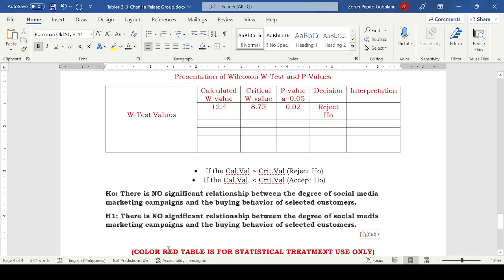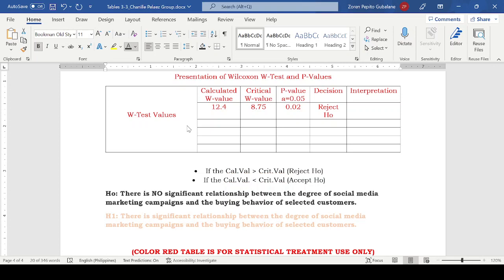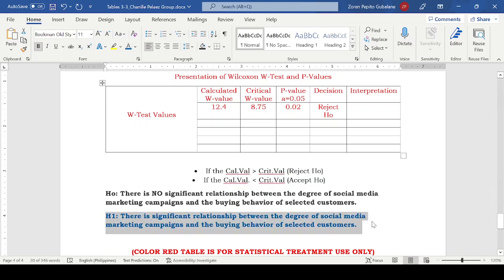Ito yun. So, in other words, there is. Alright, so let us color this blue. So simply take it literally because the decision tells you reject, not accept.